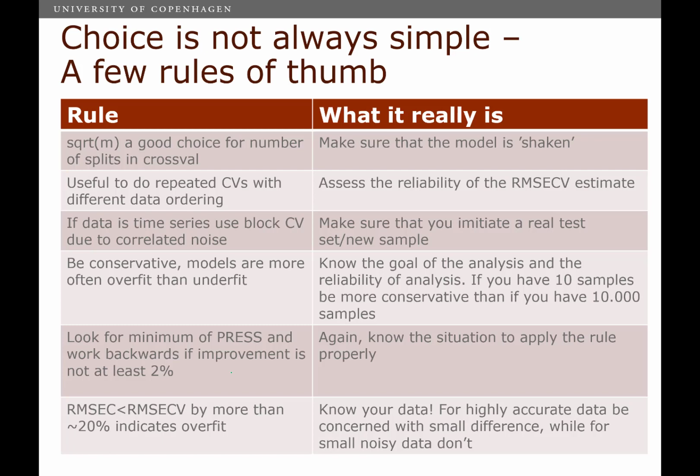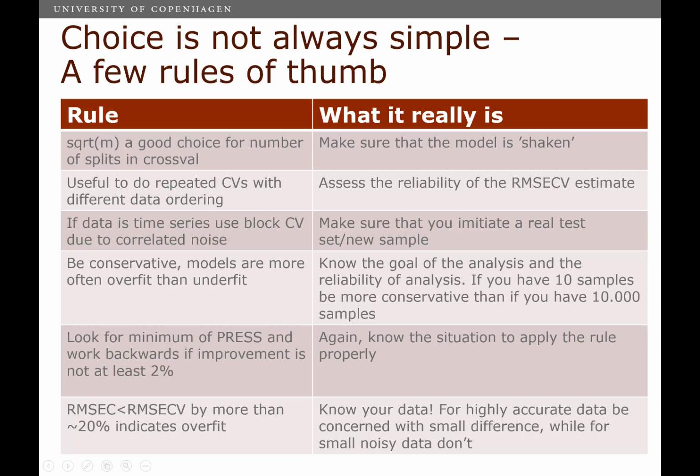Sometimes people also go for numbers like 7, 8, 10, whatever. But basically, the rationale behind this is, as we just talked about, to make sure that the model is perturbed. These local calibration models have to be perturbed. And that's what is sort of ensured a little bit by leaving out a substantial part of the samples in every cross-validation.